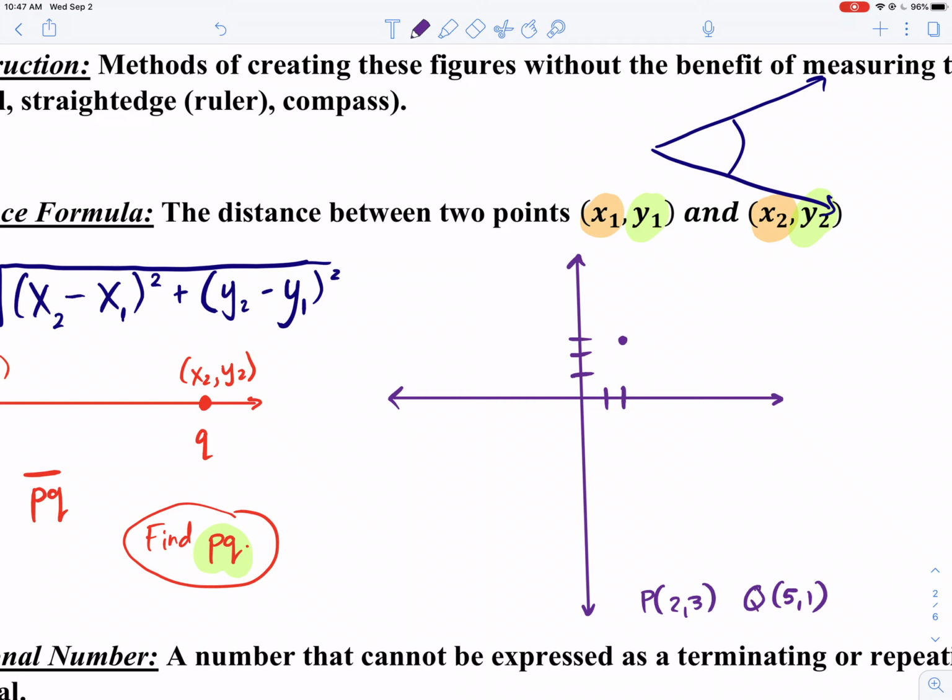It's not gonna be super pretty or accurate because I don't have graph paper, but we'll do the best we can. 3, 4, 5, 1. So this is gonna be our P. This is gonna be our Q. I'm going to draw a line through our 2 points. And I want to find this distance.